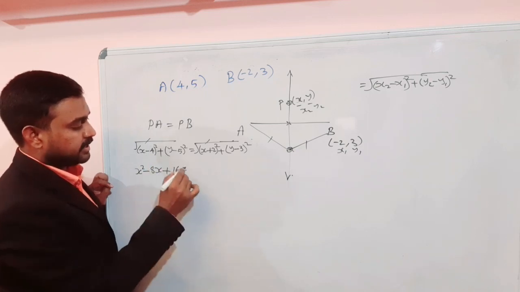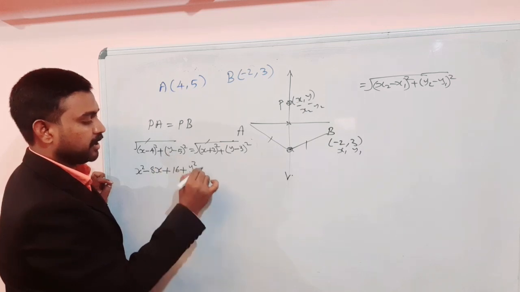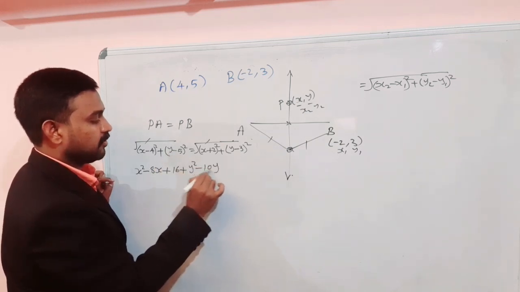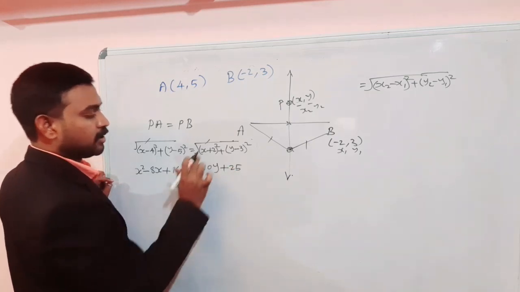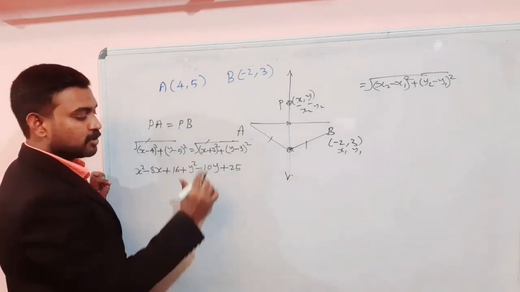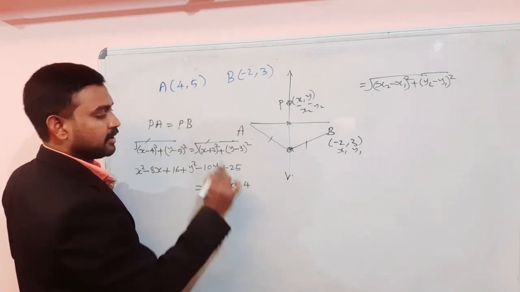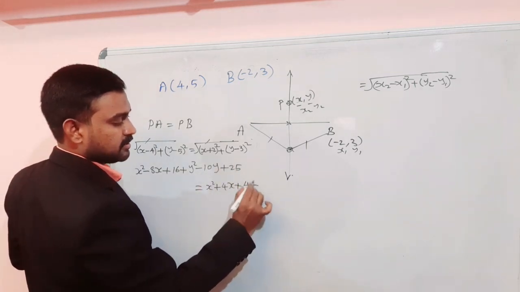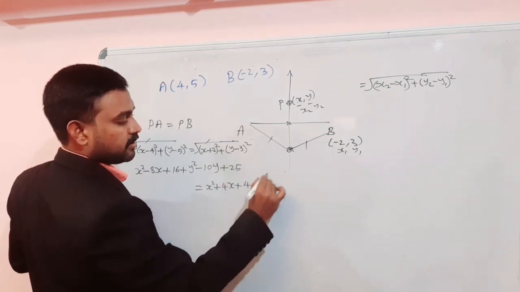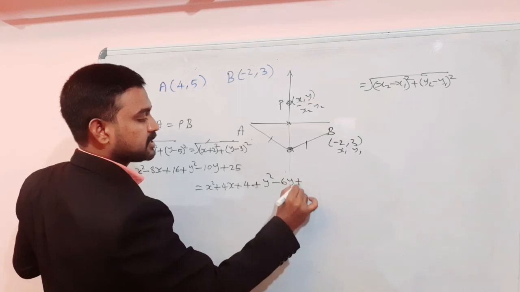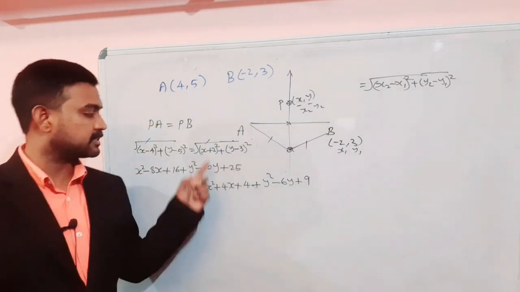Similarly, we can expand y square minus 2ab, 2 into y into 5, that means minus 10y plus 5 square, that means 25. This will be equal to the right side, (x plus 2) whole square, which is x square plus 4x plus 4, plus (y minus 3) whole square, which is y square minus 6y plus 3 square, that is 9. This is the expansion of a minus b whole square and this is a plus b whole square.